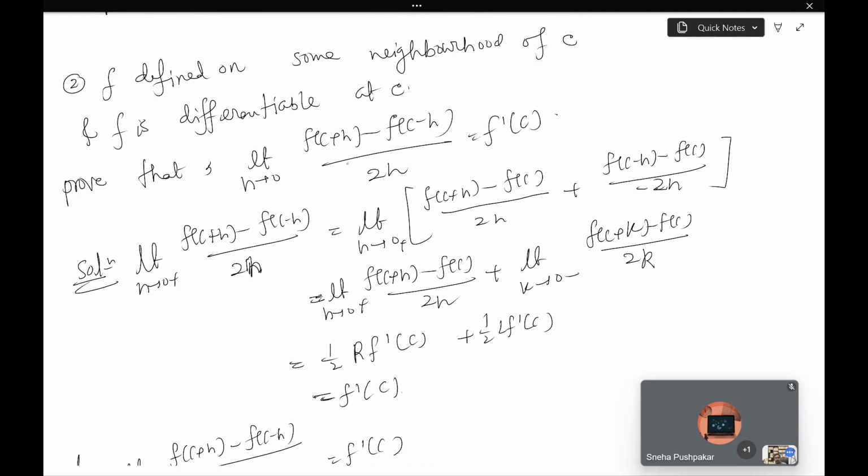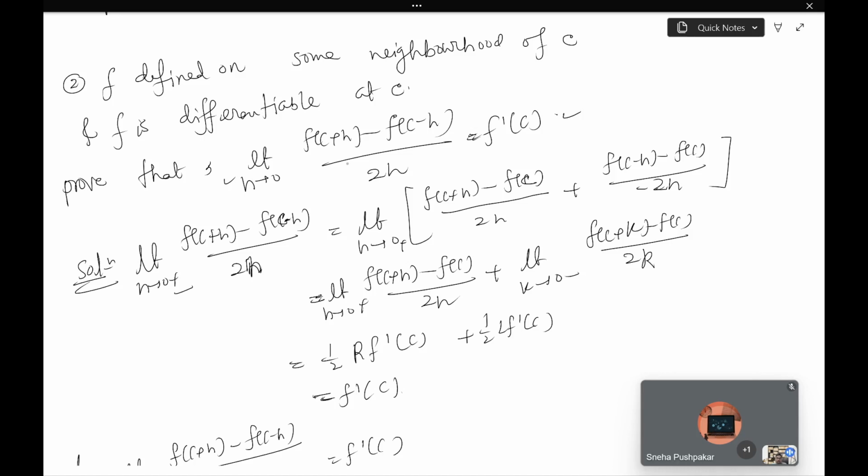Look, we need to show that this limiting value is equal to f dash c. Basically, we are checking the limiting value from the left side and from the right side. First, we check the limiting value from the right side, 0 plus. We write f of c plus h minus f of c minus h as f of c plus h minus f of c by 2h plus f of c minus h minus f of c by minus 2h.